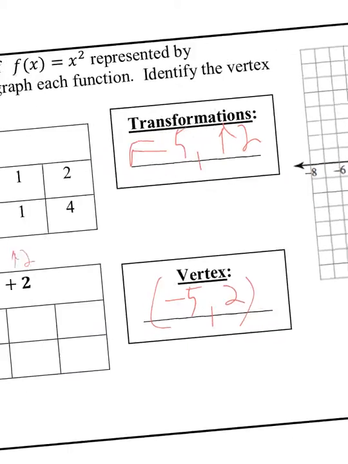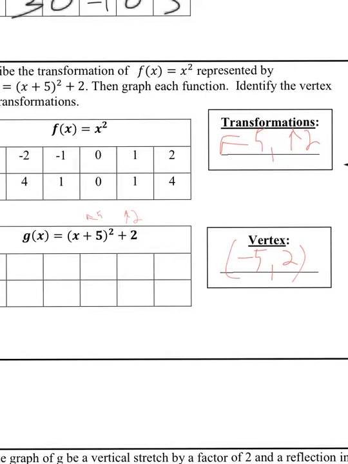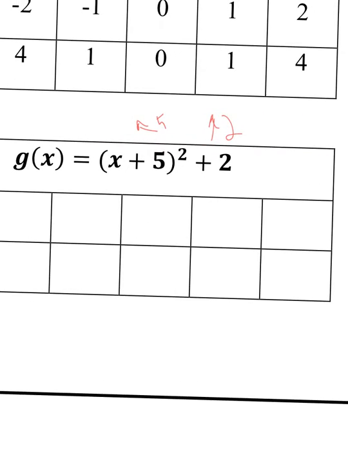And that's it. There are no other transformations. There was no negative in front or a number in front to vertically stretch it or reflect it. That being said, let's put the vertex in the middle and plug the rest in your calculator, hit Control T, and your table should match mine.